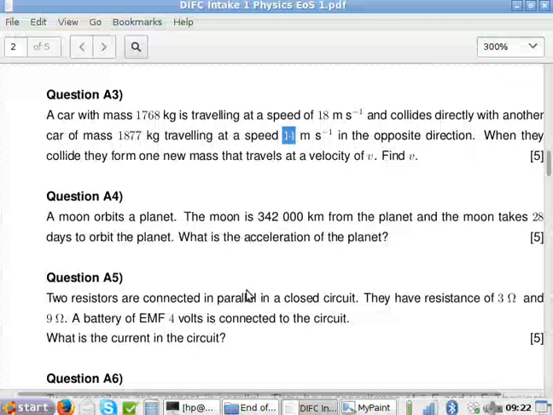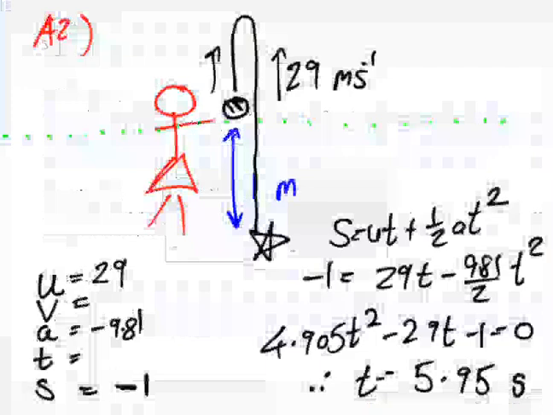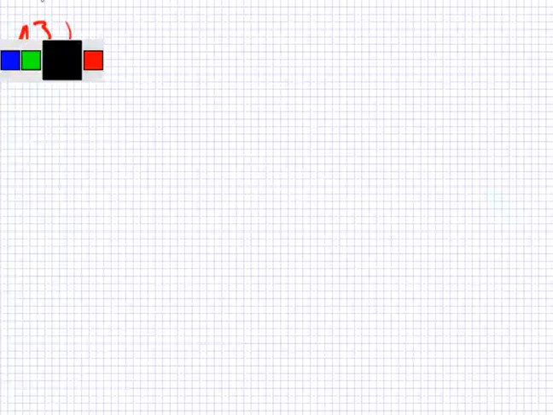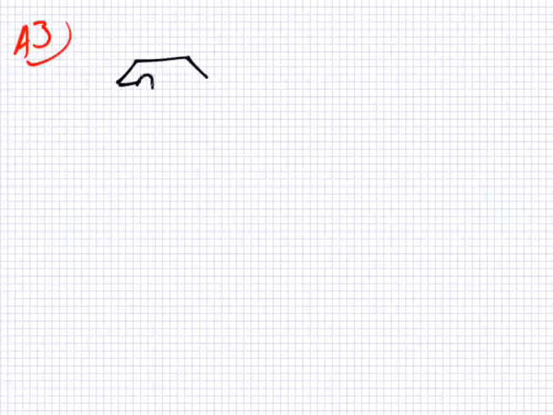I took everything to the left. So 4.905, minus 29, minus 1. I get 2 answers by using the quadratic formula. Second answer is negative, so we won't even talk about it. So therefore T equals 5.95 seconds.